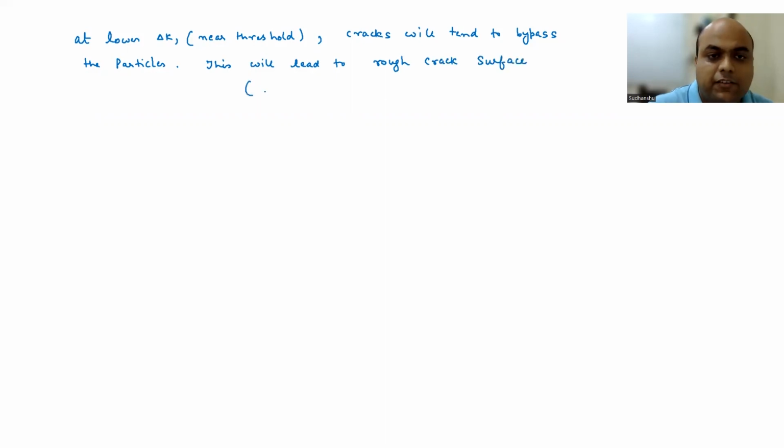Okay, and this will happen due to crack deflection and meandering. Okay, so what I'm trying to explain here is that delta K is lower, right? So the crack is going to bypass the particle rather than fracturing the particle because delta K is lower, right?